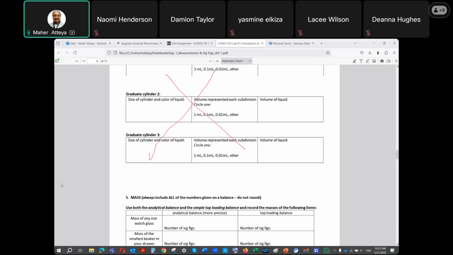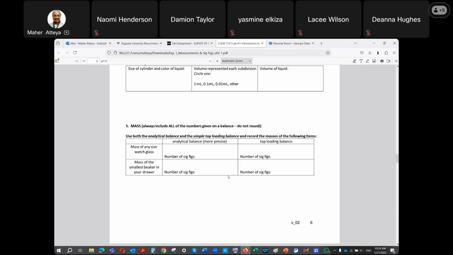Now this one here, we don't have the mass. That's a problem. So what we will do with this, you have to look at the lab report and copy those masses from the lab report.